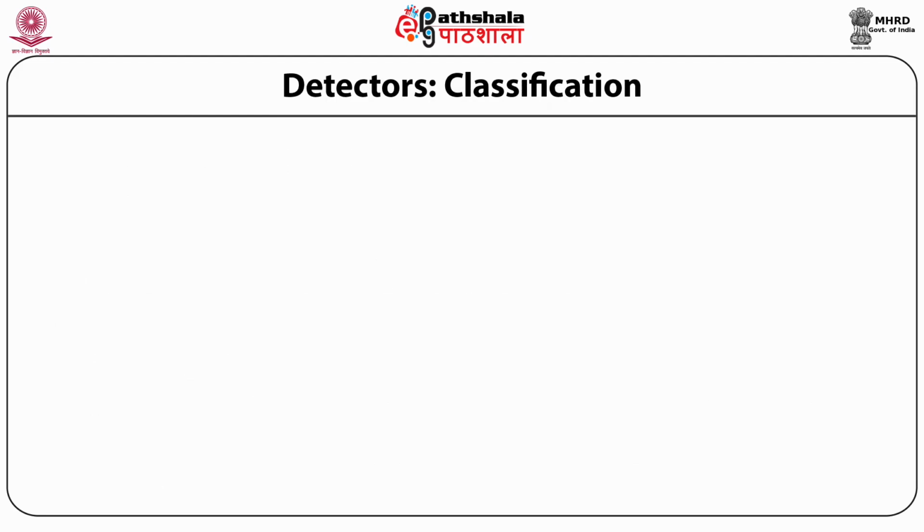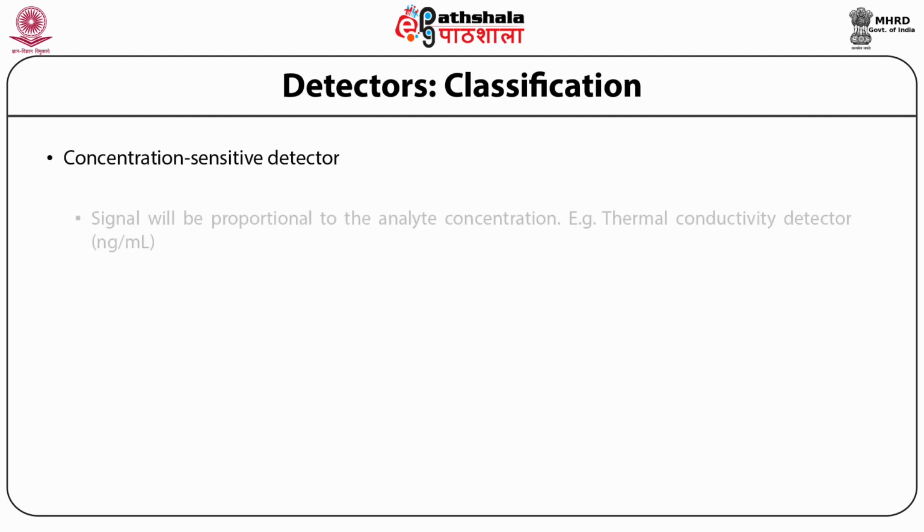Detectors can also be classified on the basis of whether they respond to the mass flow of the analyte passing through them or to the concentration of analyte passing through them. In a concentration sensitive detector, a signal will be generated which will be proportional to the analyte concentration in the carrier gas as it passes through.